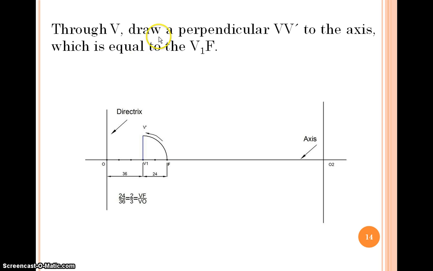Through V, draw a perpendicular line, that is V1 dash, to the axis, which is equal to V1F. Another method is there: you can draw the vertical line over there, and by using a compass, you can draw one curve from F to this line. So you will get the same distance over here.